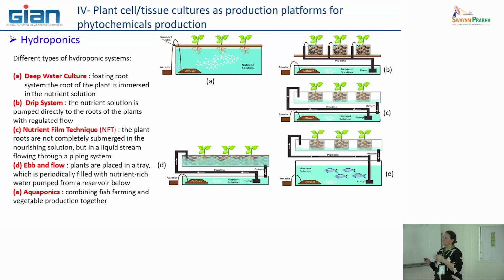After that you have two other types of system, and it is the last one. This one is called ebb and flow. It is quite exactly the same as NFT, but you see here it's not just a thin layer of nutritional solution in contact with the roots, but a more important one, and it depends on the plants you want to cultivate, on the area of their roots.